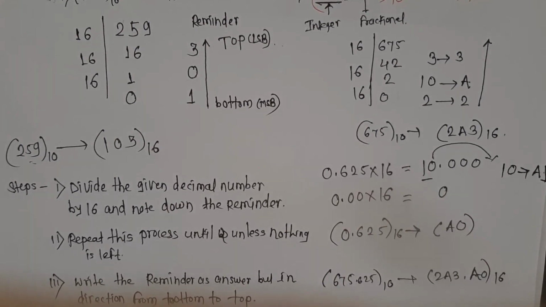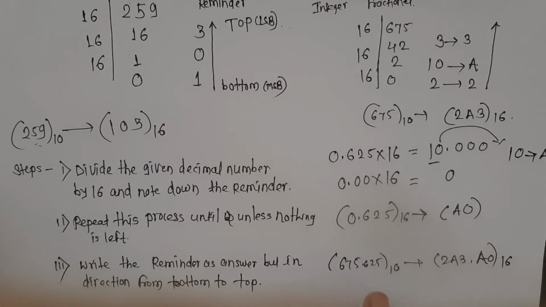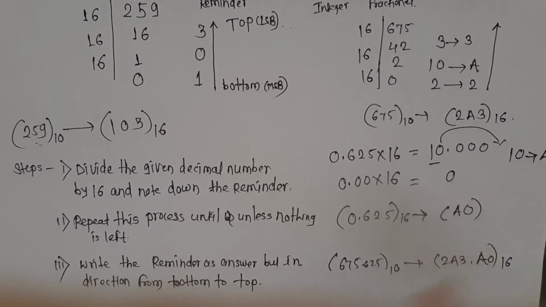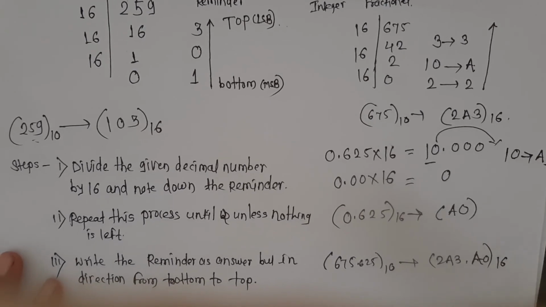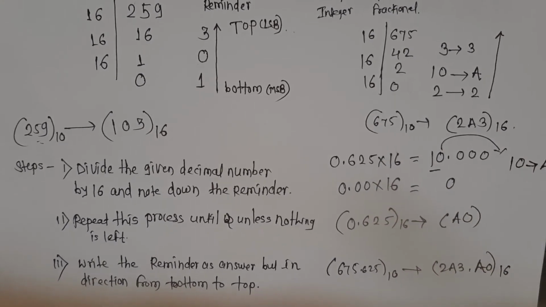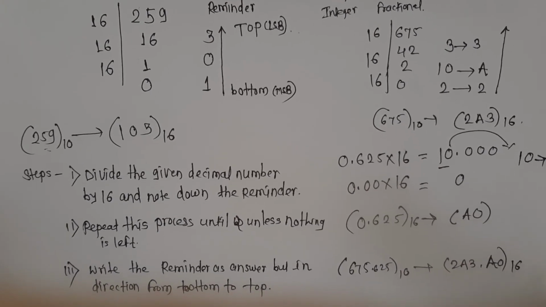At that time we take up to 4 places and stop the process. Third step, we mark the answer from the carries noted on the right side, in the direction from top to bottom. So this is the conversion from the decimal number system to the other 3 number systems, that is from decimal to binary, octal and hexadecimal.